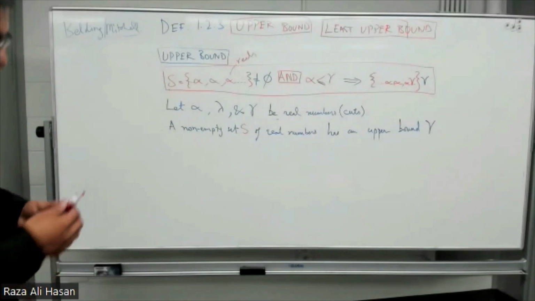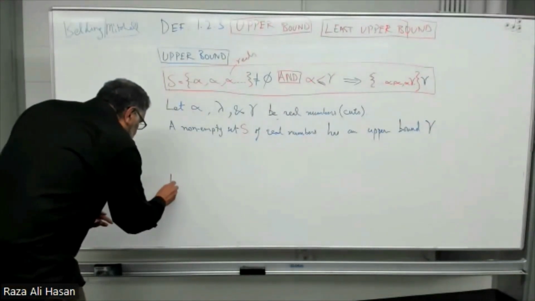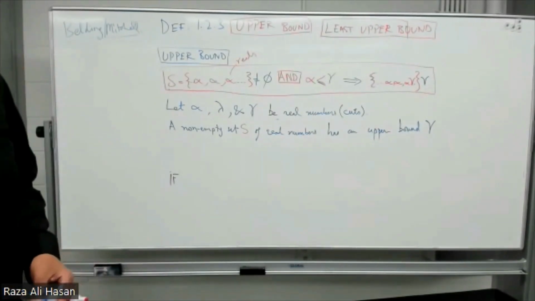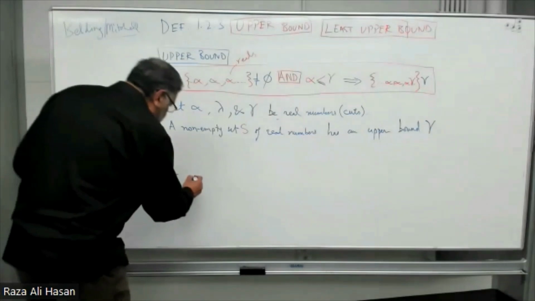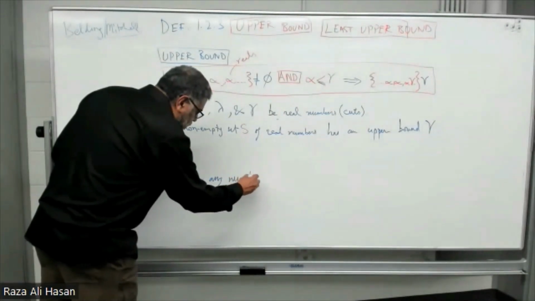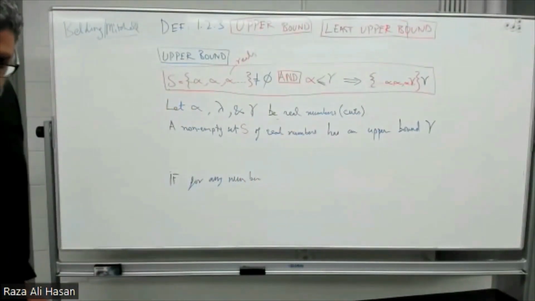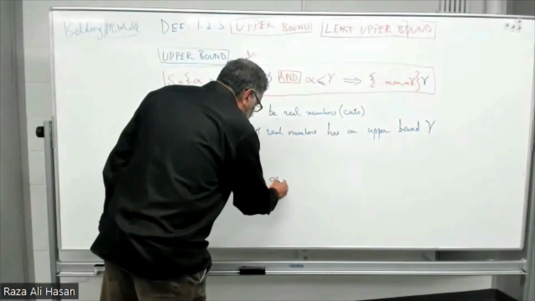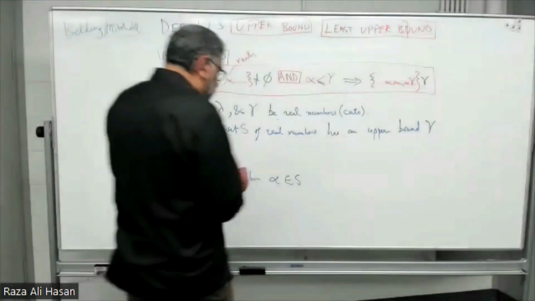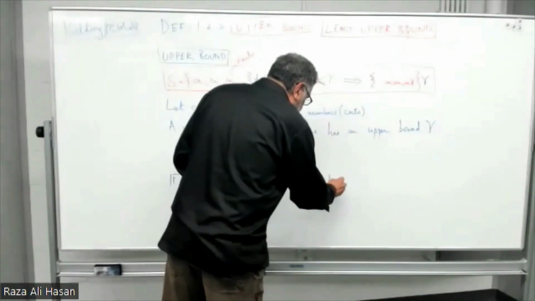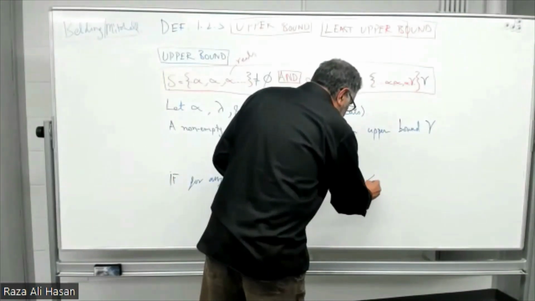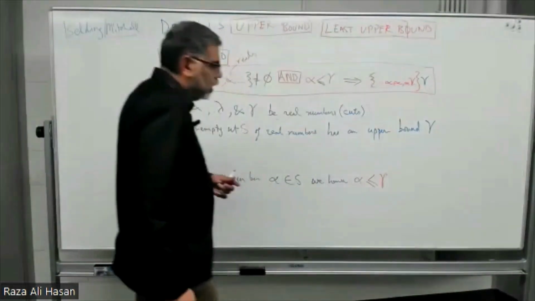If this thing is too low, that's the problem. If for any number alpha that belongs to the set S, we have alpha less than or equal to gamma.